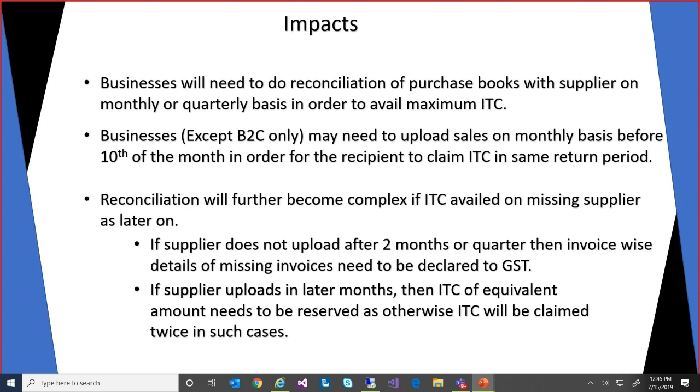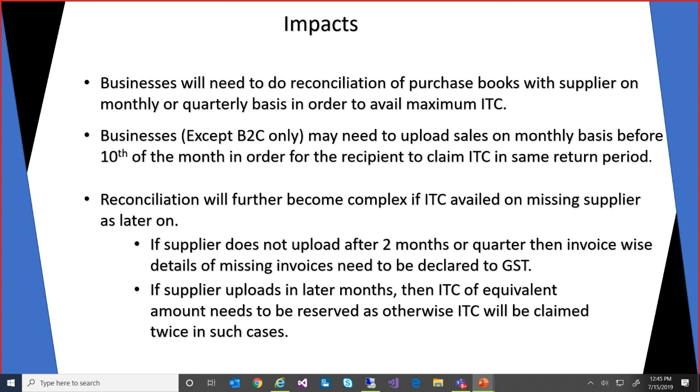The reconciliation process will become a little bit more complex because the government is providing a lot of options to file the amendment of return and missing invoices. So if the supplier does not upload after 2 months or a quarter, then invoice-wise missing detail has to be disclosed in the return. The government is saying if your supplier doesn't upload their 2 months detail, then all the missing invoices detail has to be declared in the final return separately.